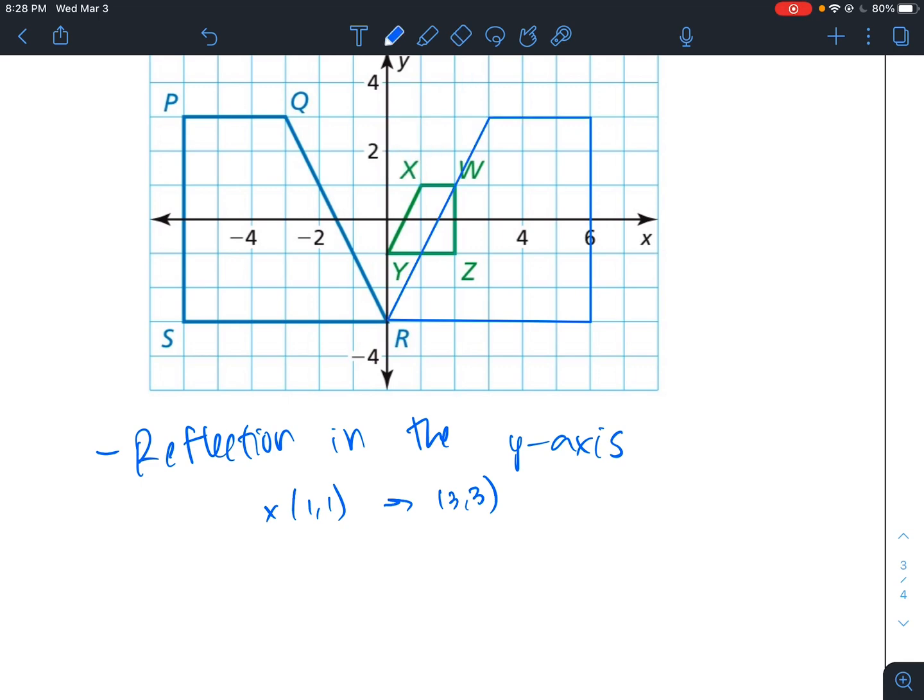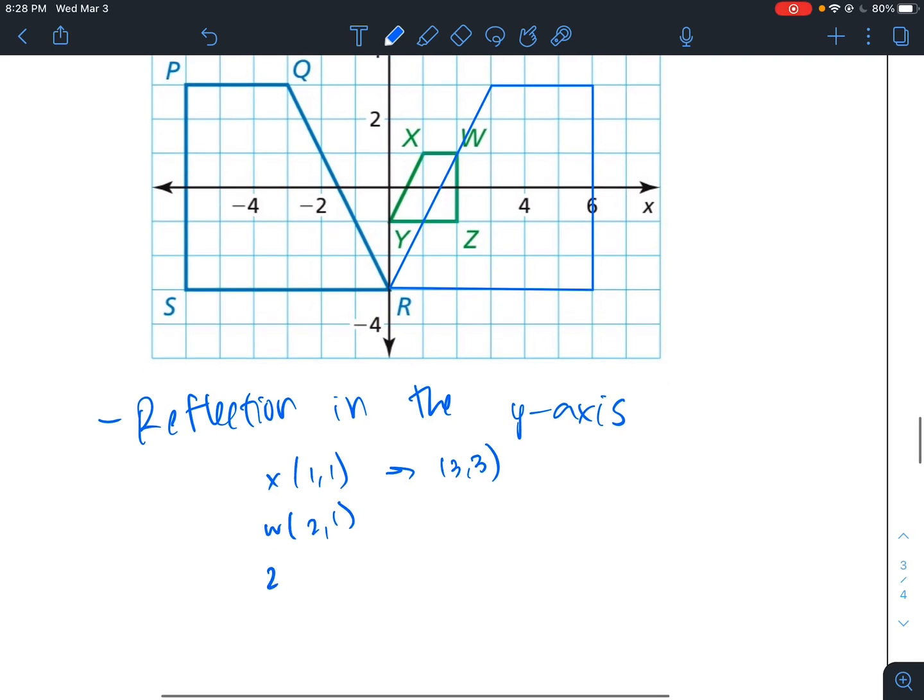Alright, and then my W point is at 2, 1. My Z point is at 2, negative 1. And my Y point is at 0, negative 1.